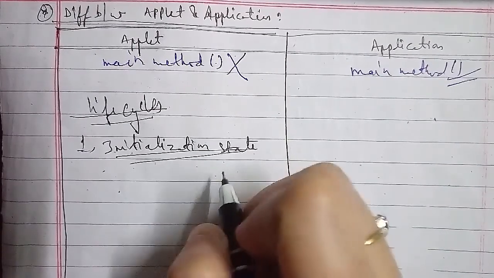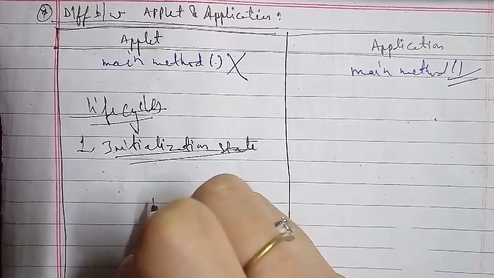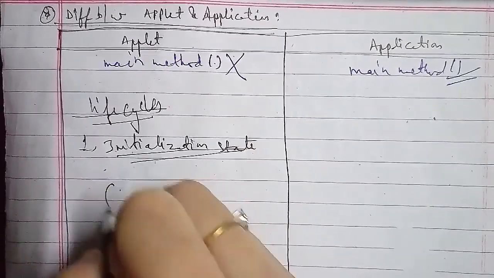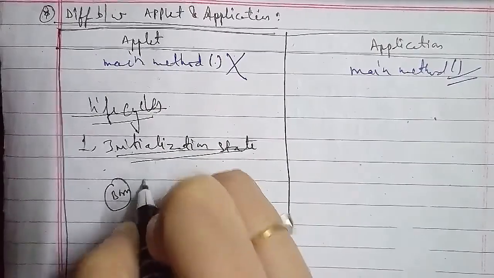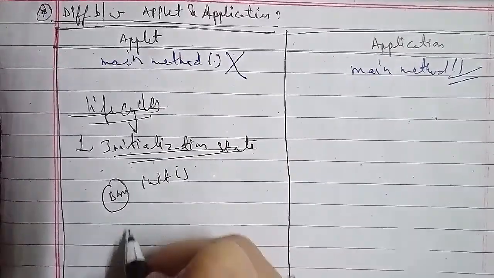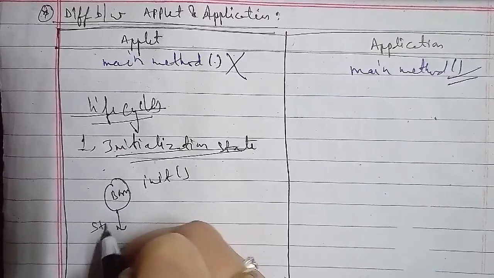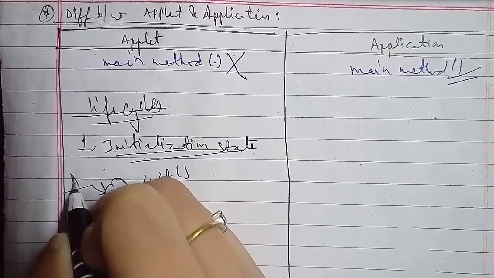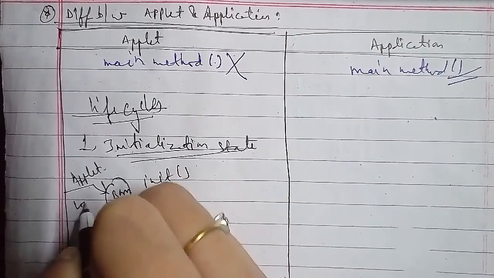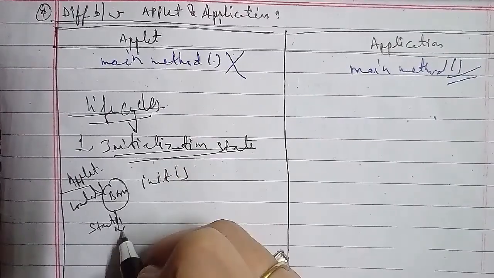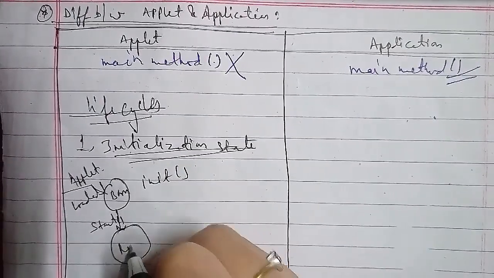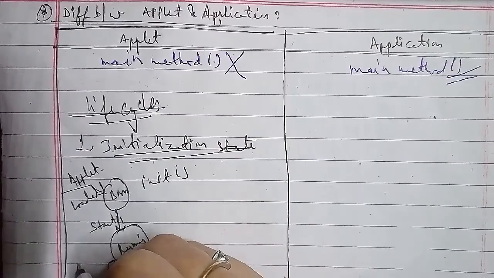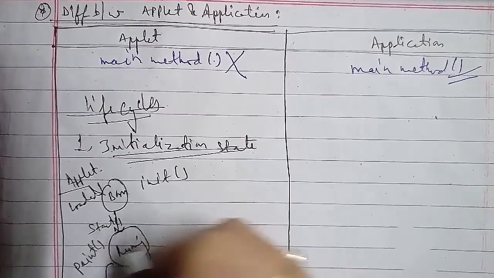For example, like this is one: init. Okay, it will start. This is an applet loaded. Then it will start and go on to running. Then after that it will go to paint. Then after running, it will go to idle, so it will stop.